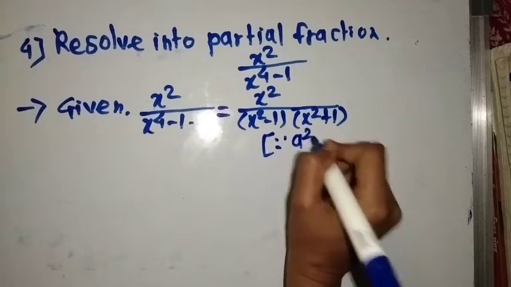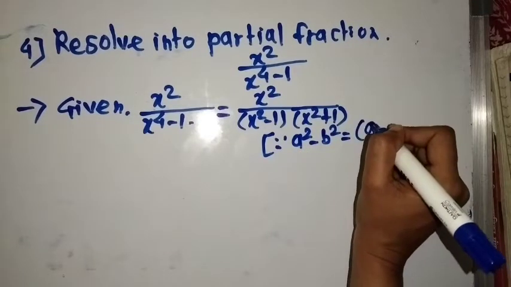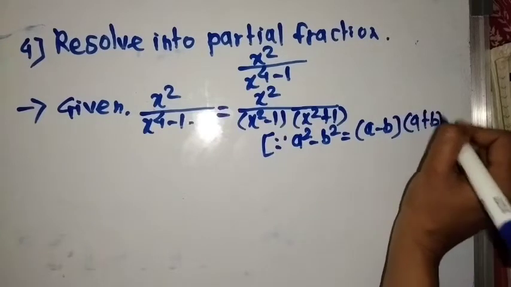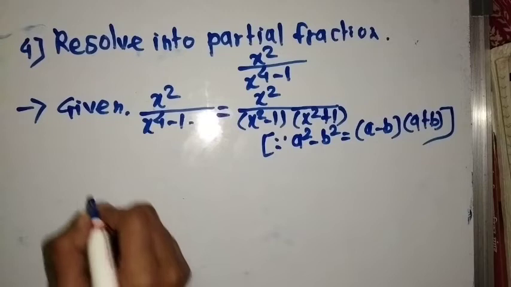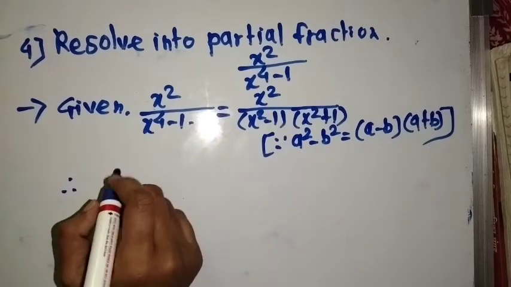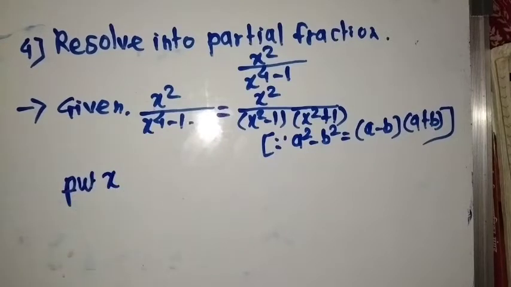Since we use this formula, a square minus b square is equal to a minus b, a plus b, and here we put x square is equal to t.